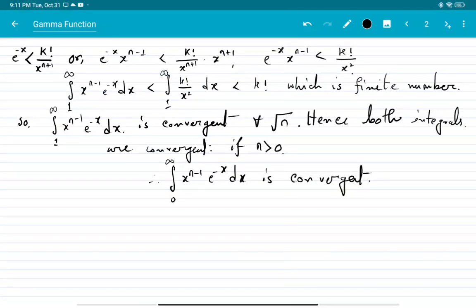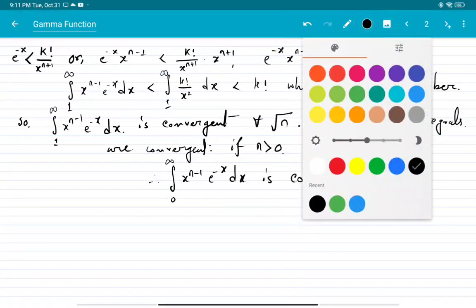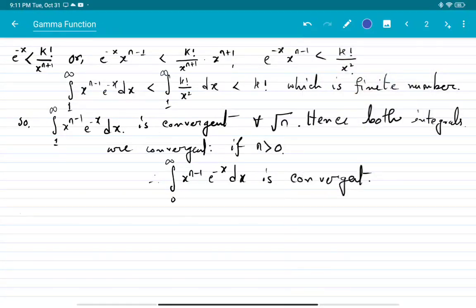So now, evaluation of the gamma integral.